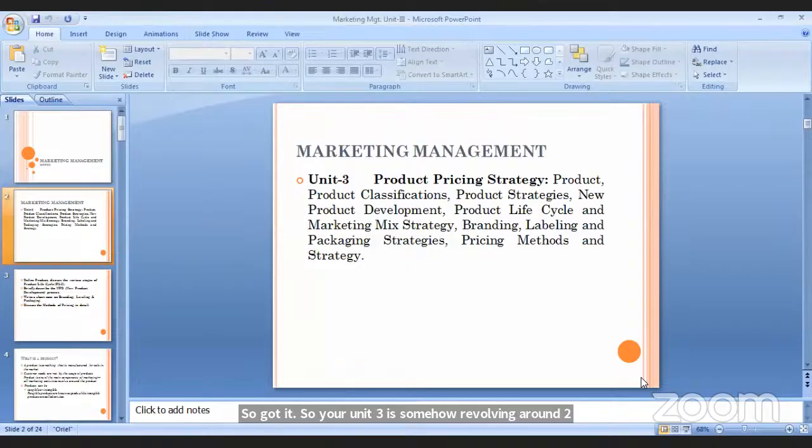Unit 3 में क्या आता है? First one, unit 3 में आता है what is a product, product classifications. Then there are two different concepts of product, that is new product development concept and product life cycle concept, that we need to understand. Then we will go to the second portion of this unit 3. What is branding, what is labeling, and what is packaging.